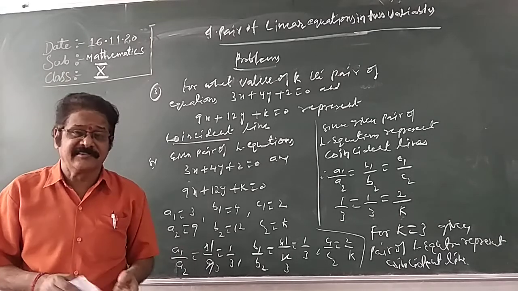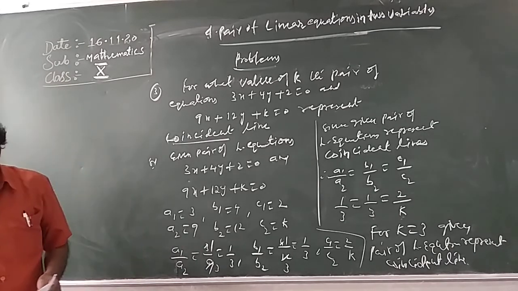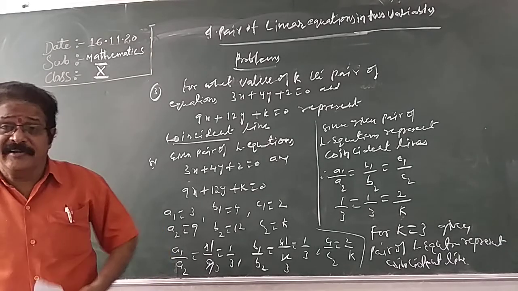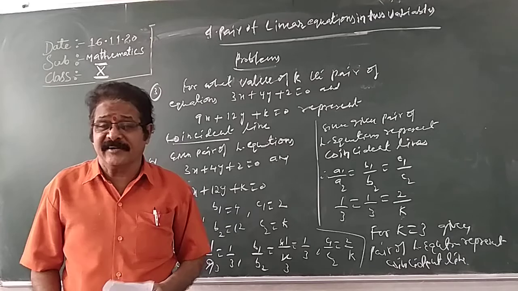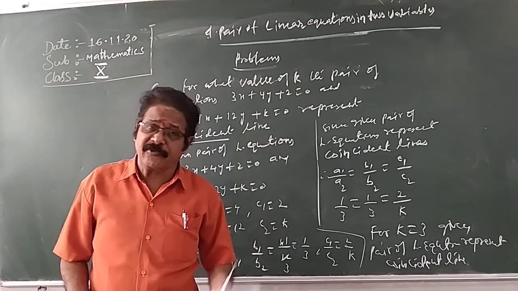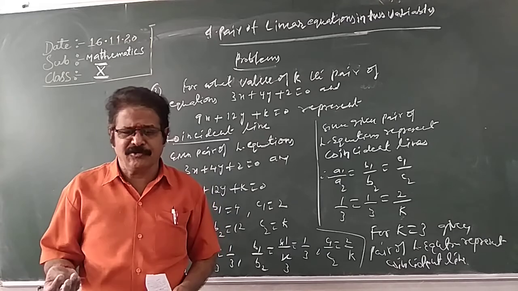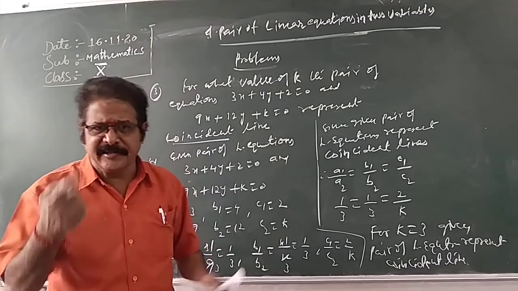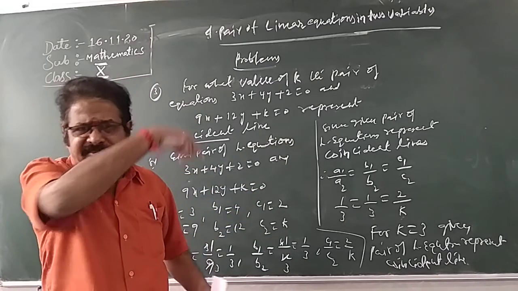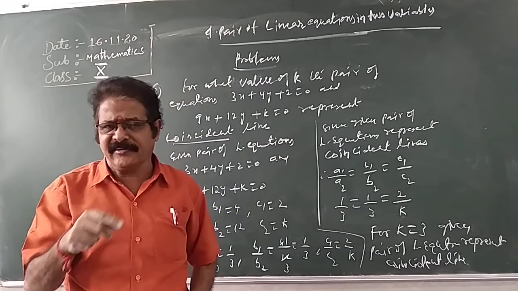This is the thing, children. Okay, I hope you understood. In the next class, we will discuss methods of how to solve a pair of linear equations. A pair of linear equations can be solved graphically, by the substitution method, and by the elimination method. Already, I told you about the graphical method in the first class itself: how to draw a graph where the lines intersect, you get the point of intersection as the solution.